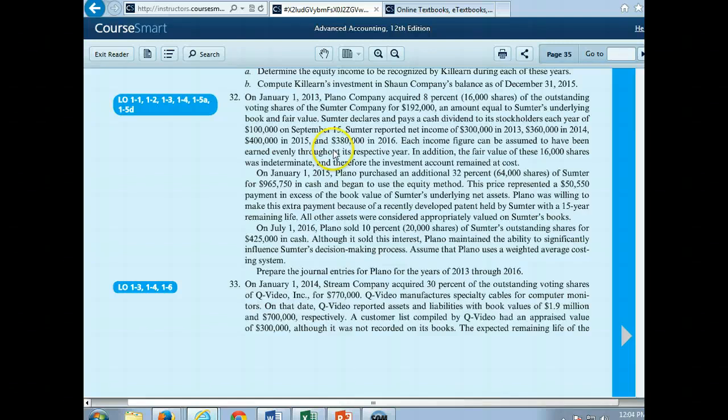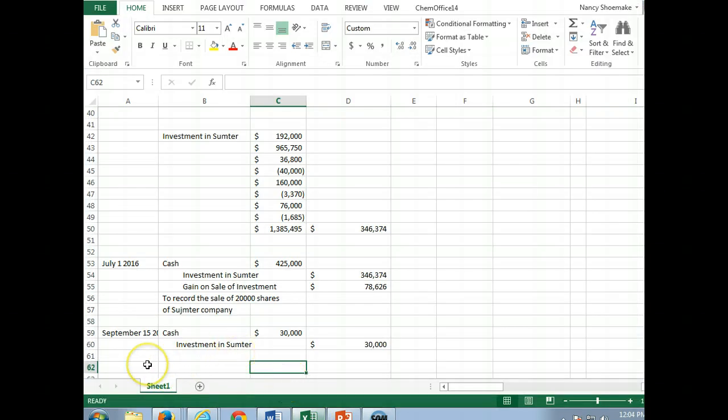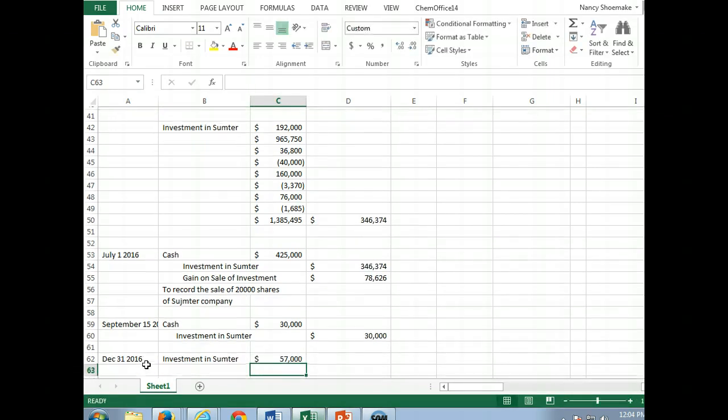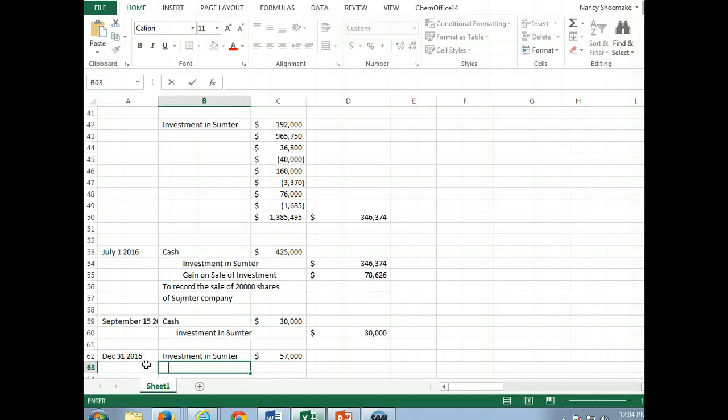So we're going to take $380,000 times 30% times half a year. As of December 31st, 2016, we would show investment in Sumter of $57,000, which is 380 times 50% times 30%. And we would show equity in Sumter $57,000.